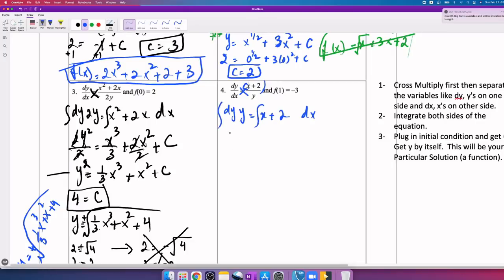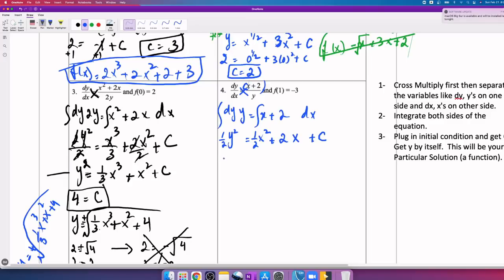Once I integrate, y is going to give me y squared divided by 2. This is going to give me x squared and again half, plus that's a constant, it's a 2x, and I have a plus c. Plug in the initial condition now.